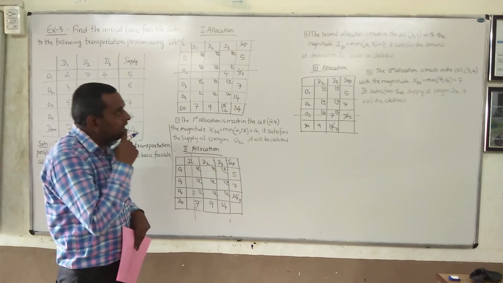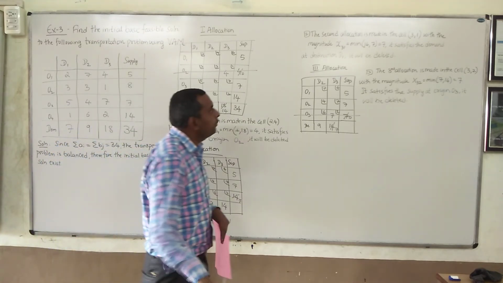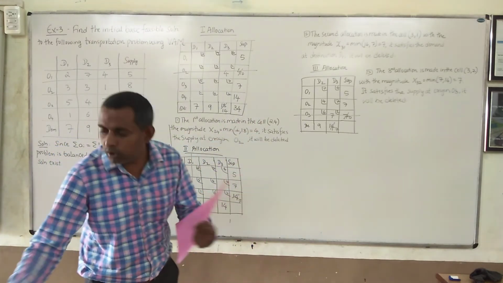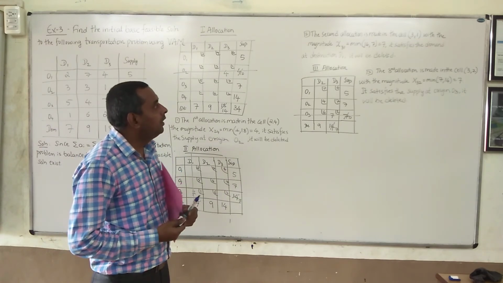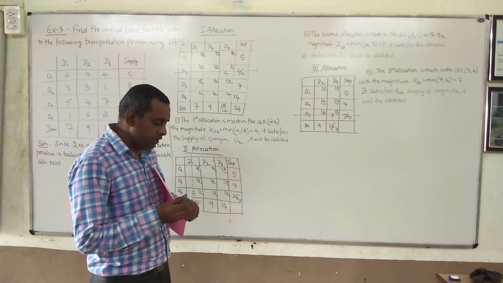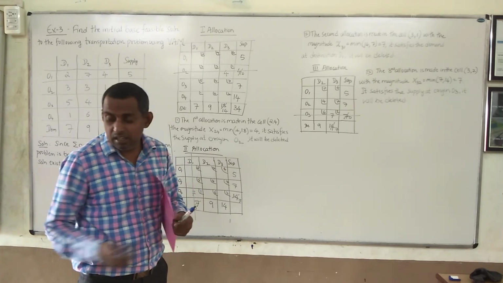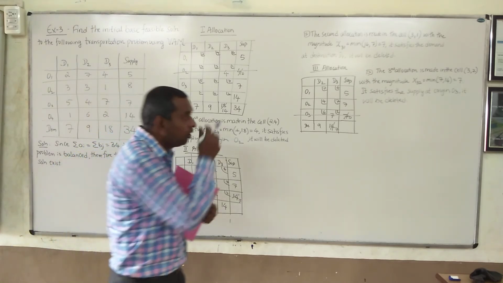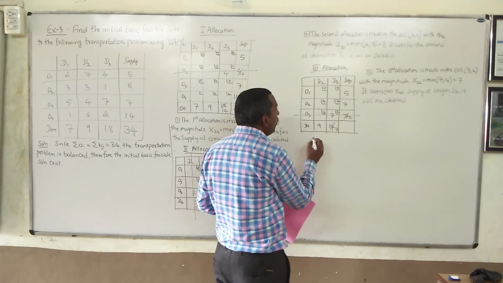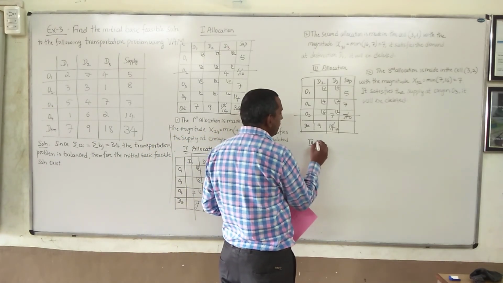Fine. So O3 is deleted now. So we are left with the fourth allocation here. So in this problem we have not used the penalty rows here. Without that also we can do it here. So we go for the fourth allocation.